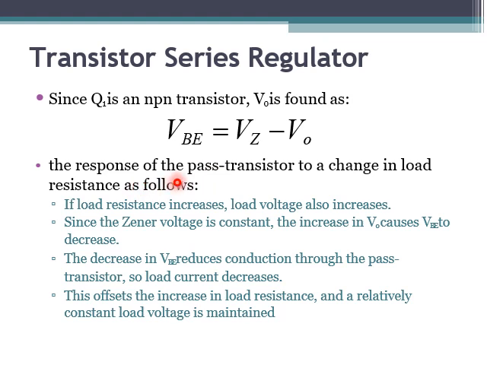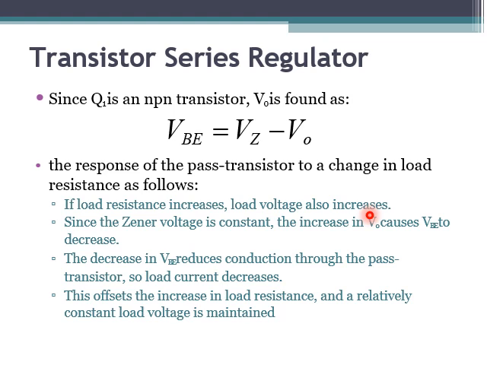The response of the pass transistor to a change in load resistance is this: if load resistance increases, then if there is any change in RL, the load voltage also increases, is it not? V is equal to I into R. So if there is any change in the resistance value, obviously your voltage also increases.